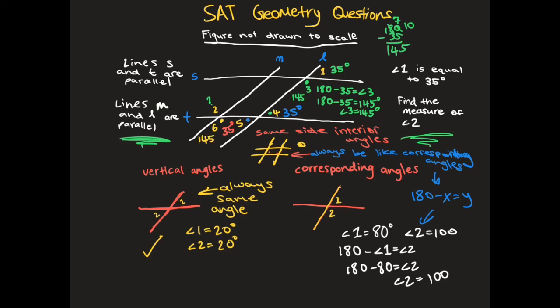Now that we have angle 6 as 145, all we need to do is use a vertical angle to find angle 2. Those are vertical angles, and vertical angles are always equal. So if 6 is 145, that means 2 has to be 145 degrees. So we have our final answer: angle 2 is equal to 145 degrees.